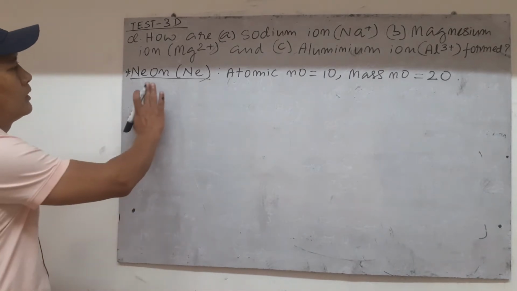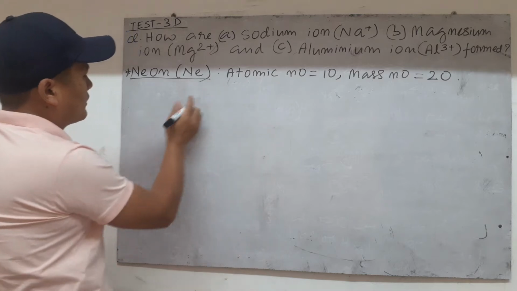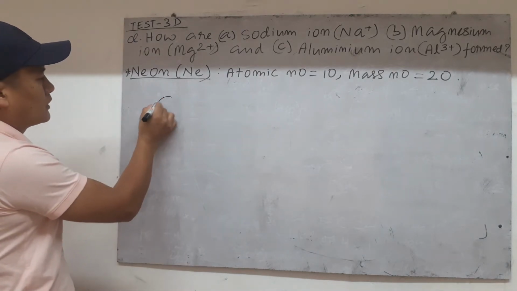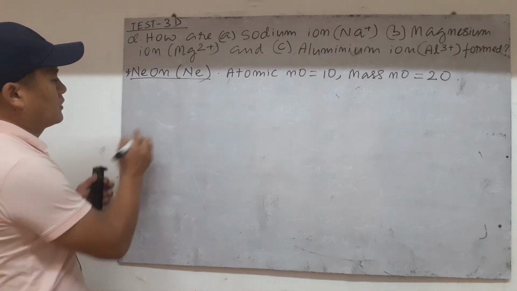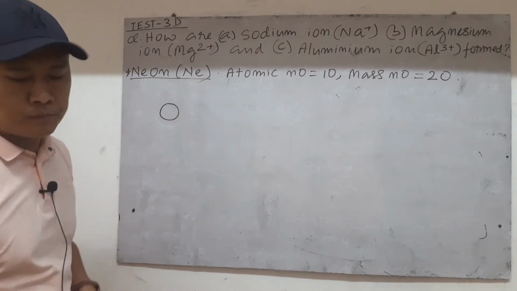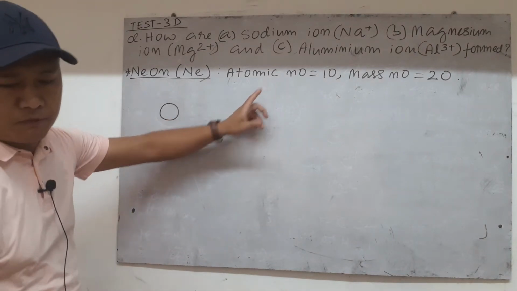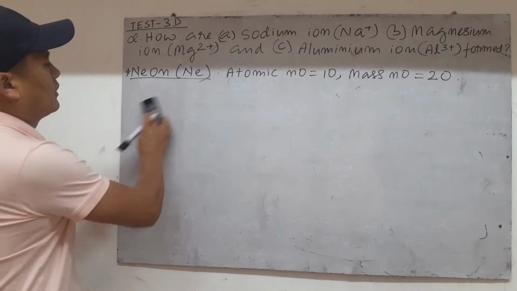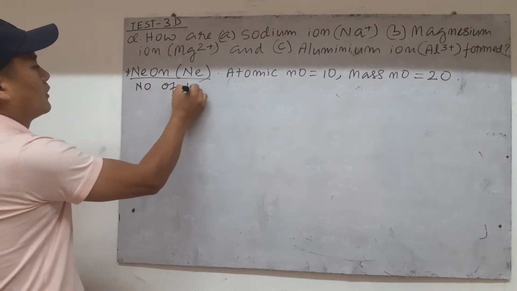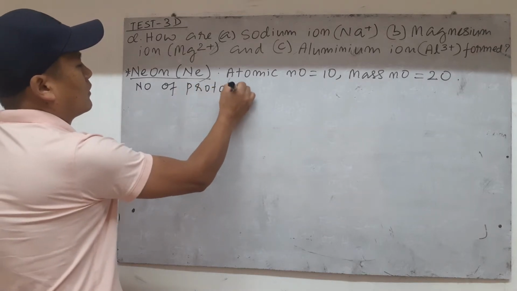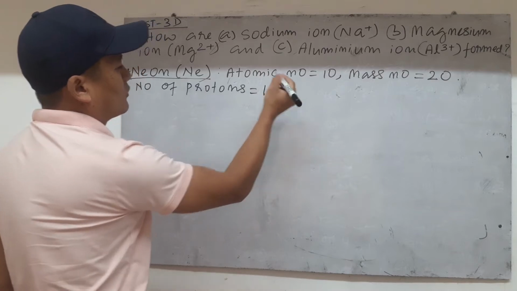Let's now draw. We have learned in the previous class also, every atom has a center, the nucleus, in the middle part. So we can just draw a smaller nucleus. Atomic number means the number of protons, so atomic number 10 means neon has 10 protons.